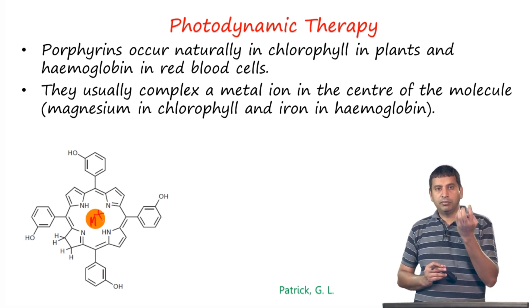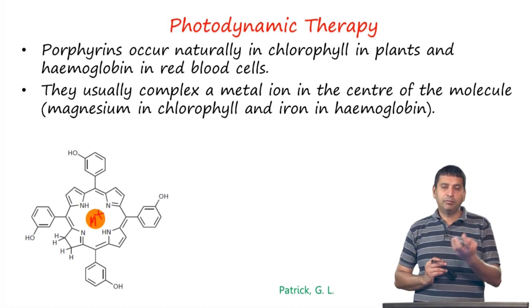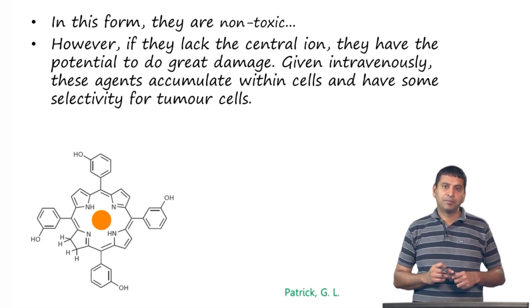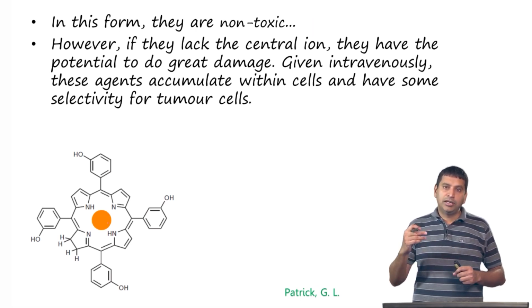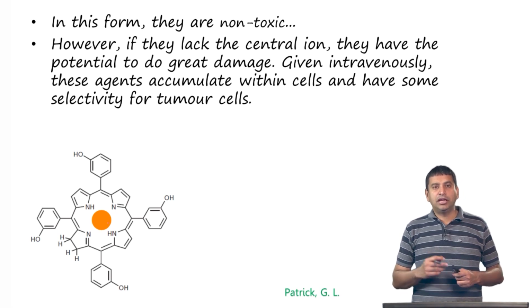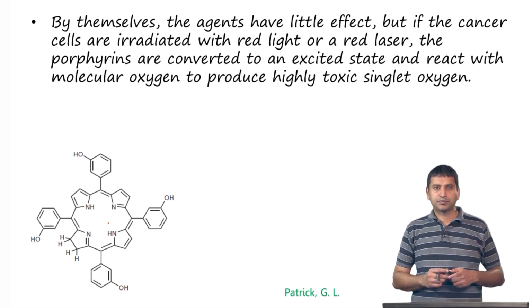The examples are magnesium in chlorophyll or iron in hemoglobin, and since these are naturally present, they are extremely stable, well tolerated and non-toxic. However, when they do not have the central ion, these agents become very toxic. When the agents are given intravenously, they accumulate within cells and have some selectivity towards tumor cells.